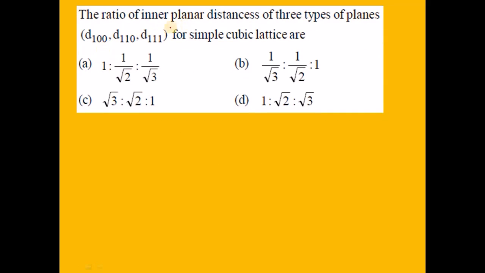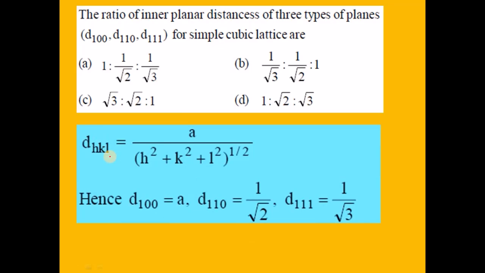Next question. The ratio of interplanar distances of three types of planes, d100, d110, d111, for simple cubic lattices. Here you have to use the Miller indices formula, a divided by the square root of h² + k² + l². For d100, h is 1, k is 0, l is 0, so a by 1, that is a.